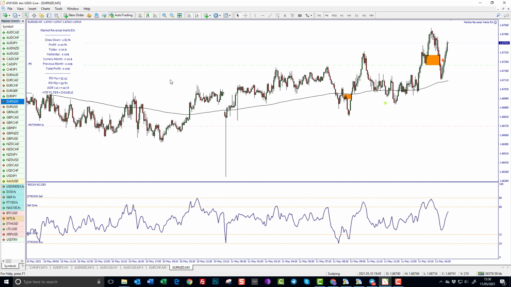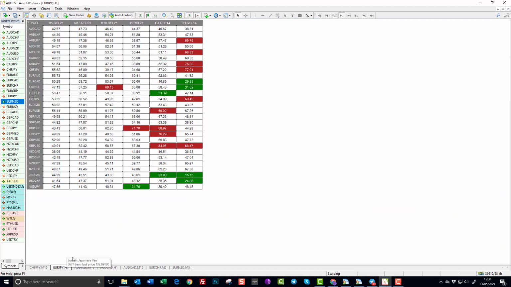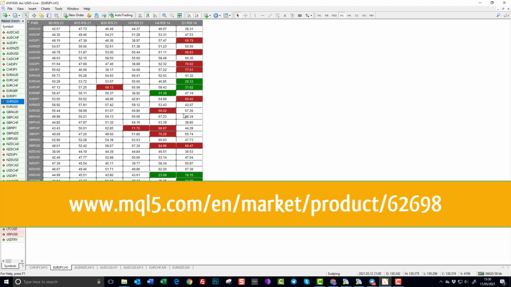There's lots of different ways in which you can obviously use the EA. The way that I particularly use it is for semi-automation. So I would use the EA in conjunction with the dashboards that I already have. So for example, they've got the RSI dashboard here that you could use in coordination with the EA.